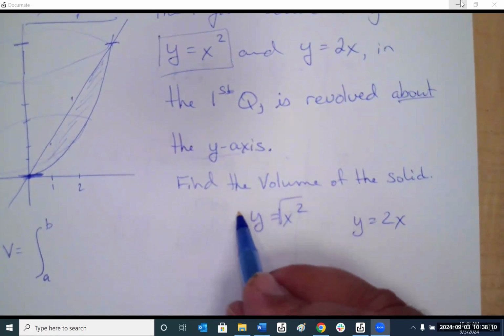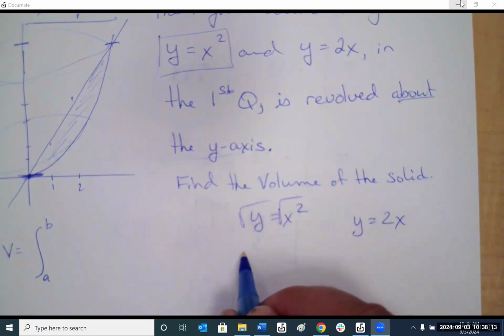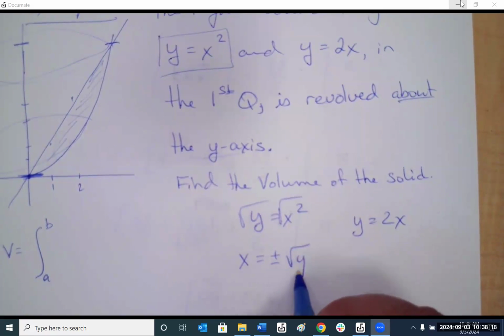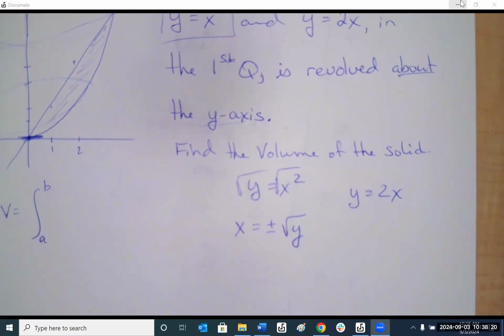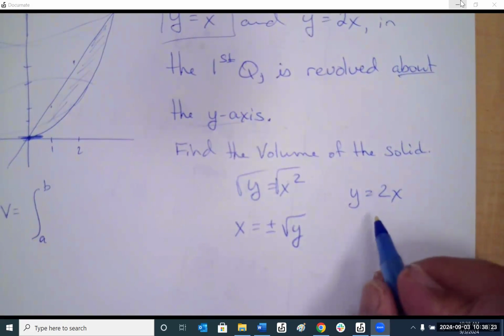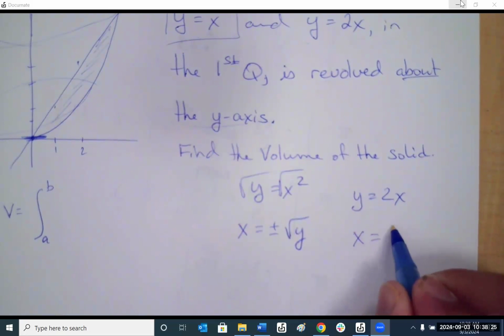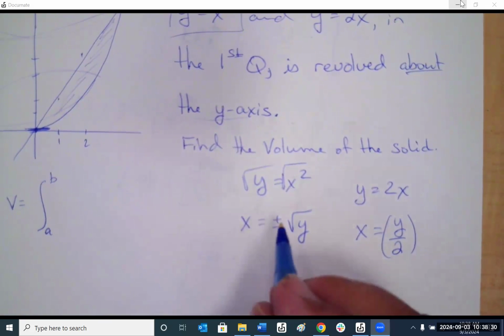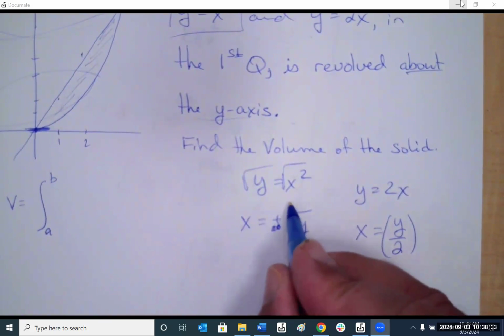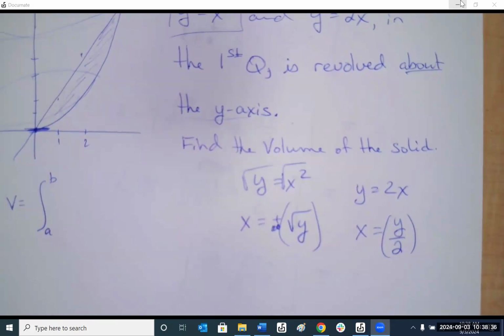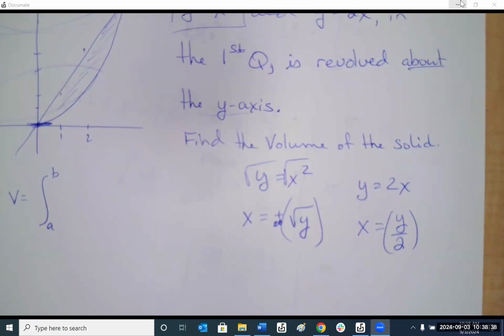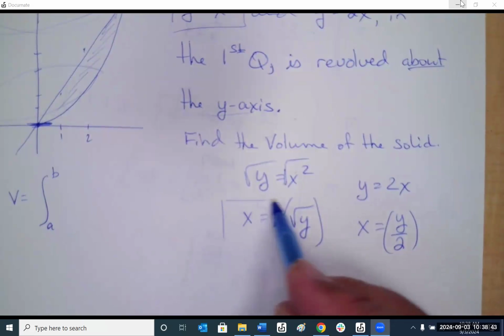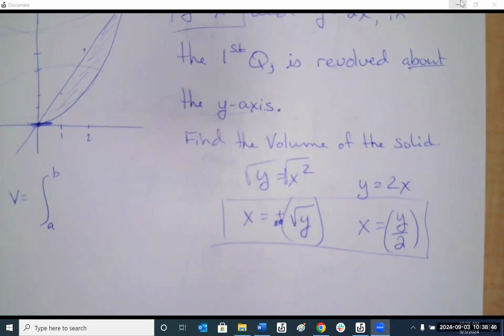So here we square root both sides. So x is equal to plus or minus square root of y. And here we have x equals y divided by 2. Since we're looking at the first quadrant, we only want the positive y. Okay, so that's important because now we're rotating with the y-axis.